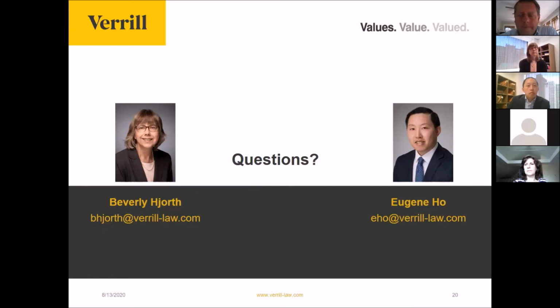The next question: what are the pros and cons of maintaining a trade secret versus filing a patent? Yeah, I can help answer that one a little bit too. There are a lot of considerations that go into whether something should be maintained as a trade secret or whether you should file a patent application on it. Some trade secrets are not patentable, like your customer list, so there's no question there.